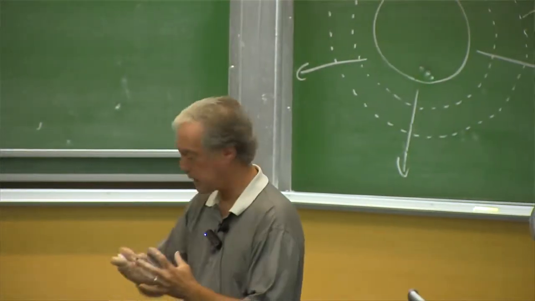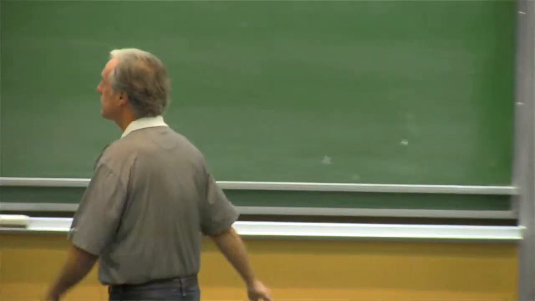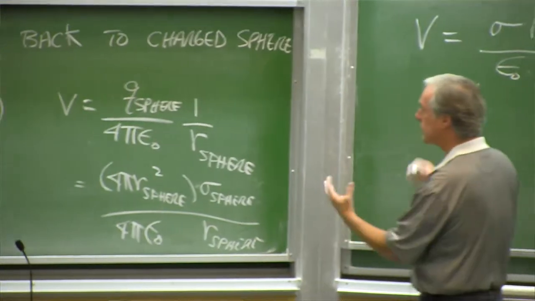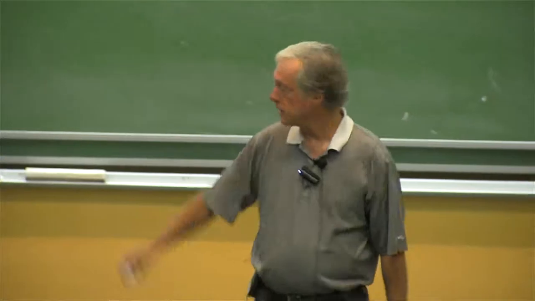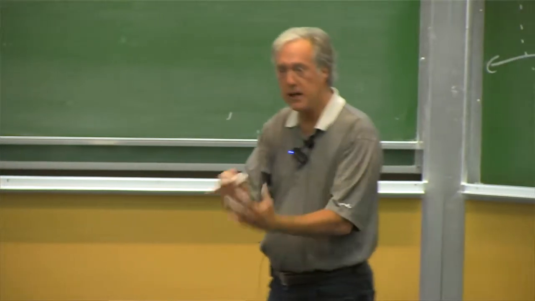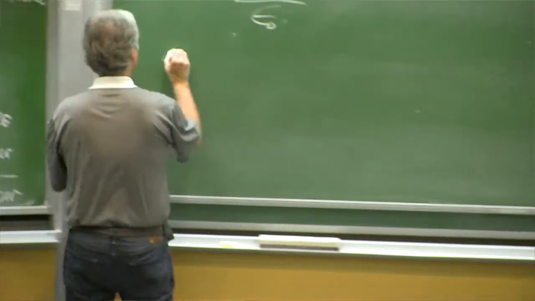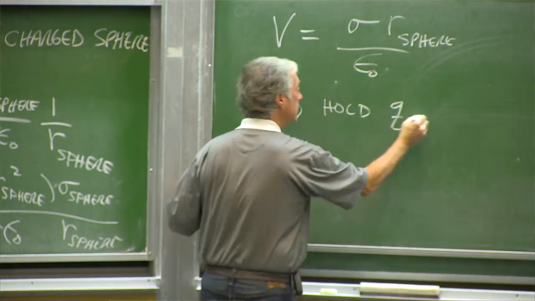So your voltage on this thing, the smaller you make the sphere, you can have a different amount of charge on it. Make it smaller but hold sigma constant, you end up having not very much voltage. Or hold Q constant.